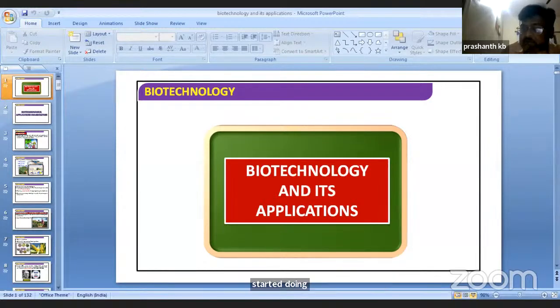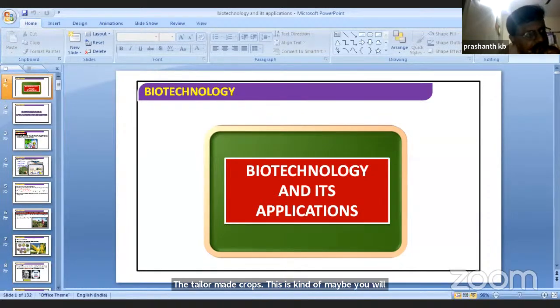Normally red, now different colors are starting. Sunflower, dark yellow variety. So what is the use of these kinds of things? See, tailor-made crops. This is called tailor-made crops. You will find this sentence on page number 208: below this fifth point, you can see tailor-made crops were obtained.